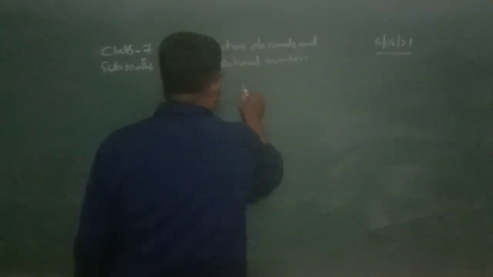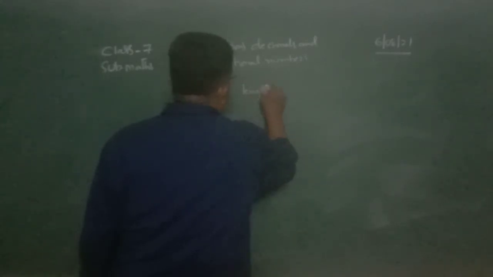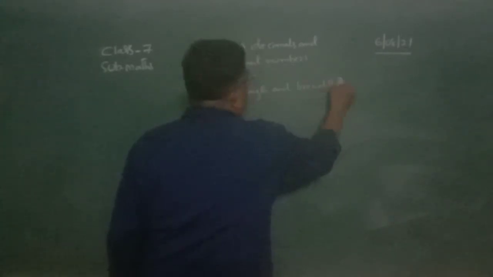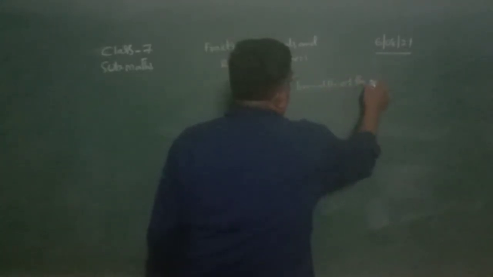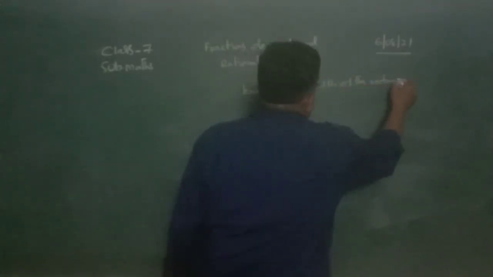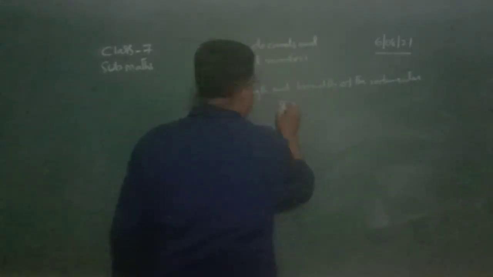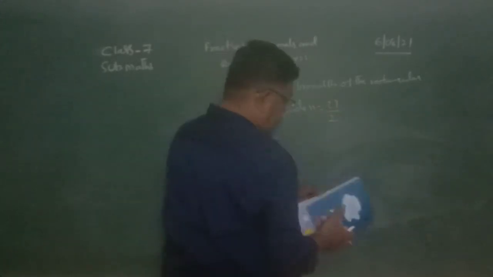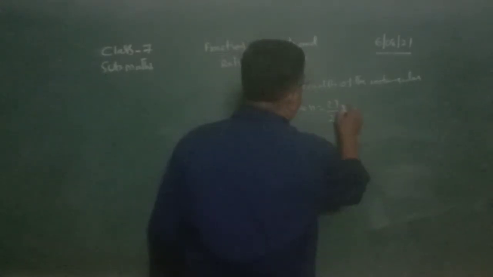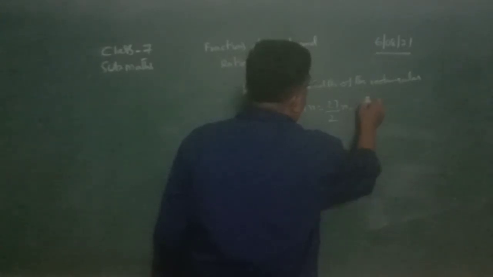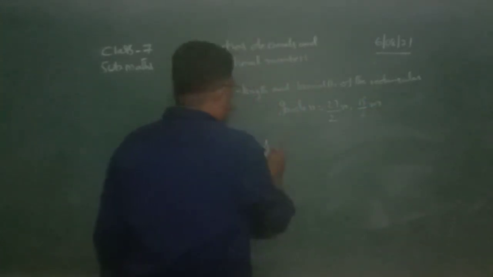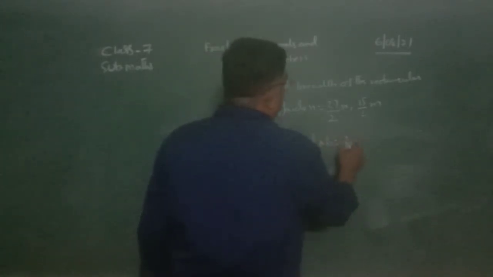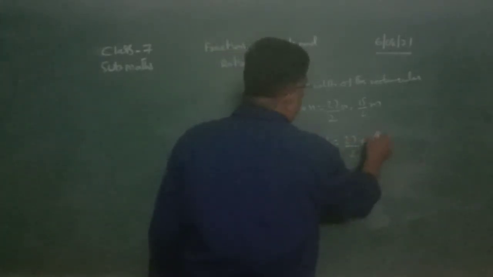Length and breadth of the rectangular garden are 27 by 2 meters and 15 by 2 meters. We need to find the area. Area is equal to length into breadth, 27 by 2 into 15 by 2.